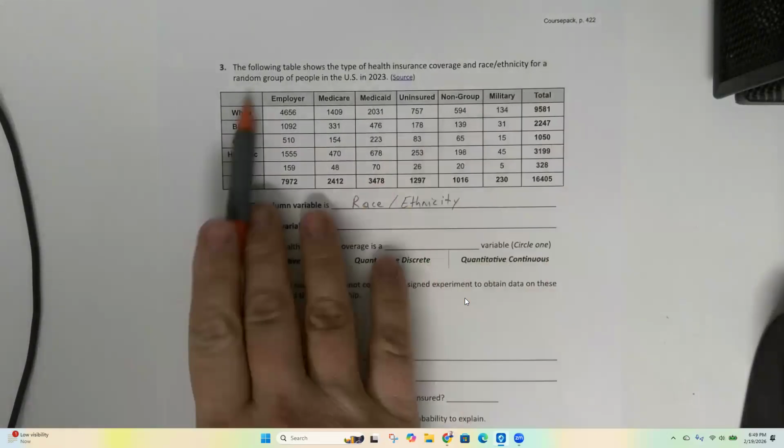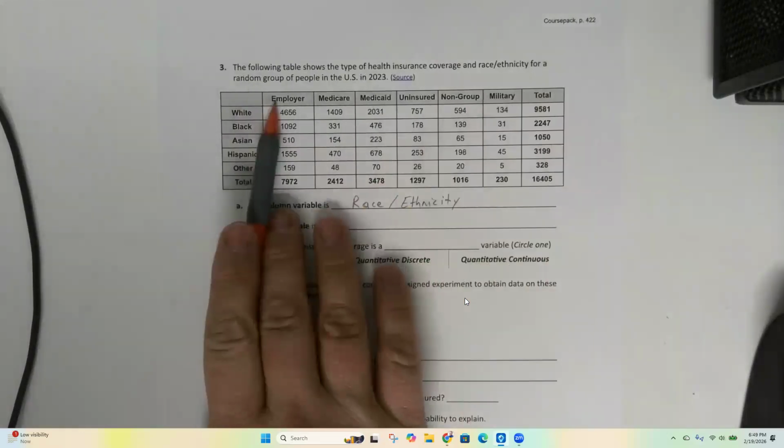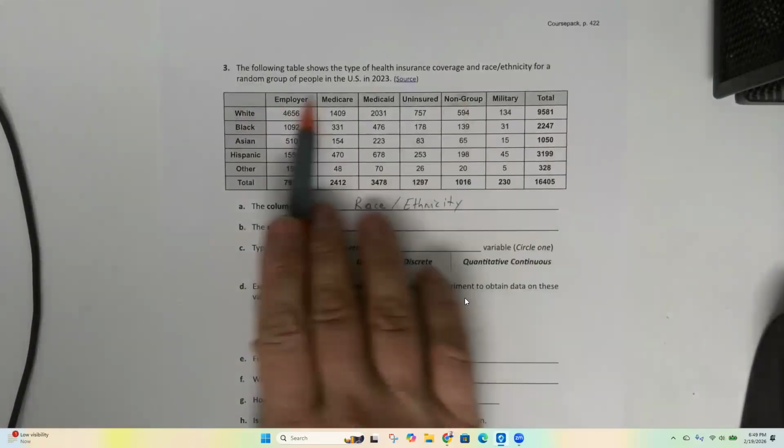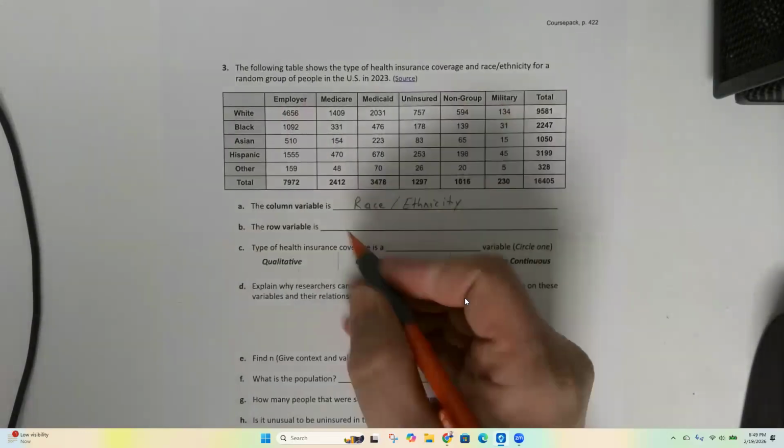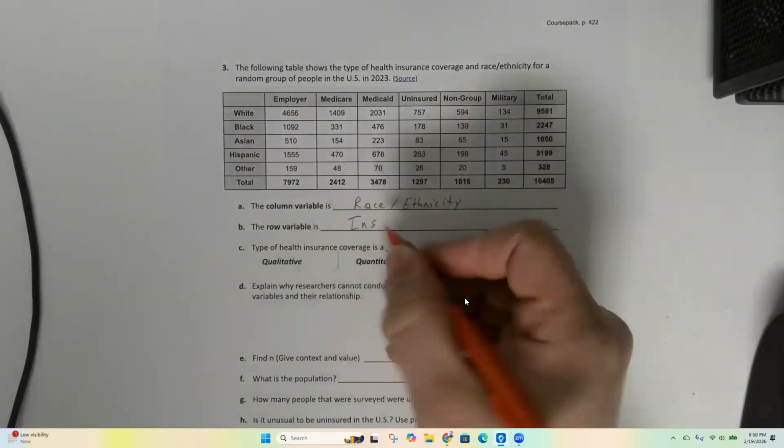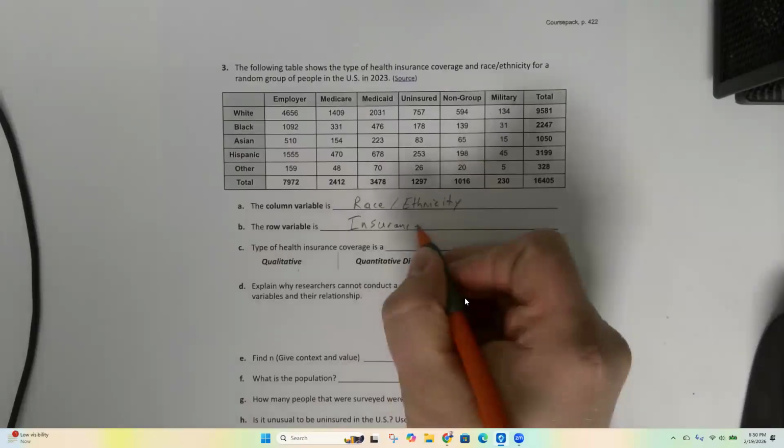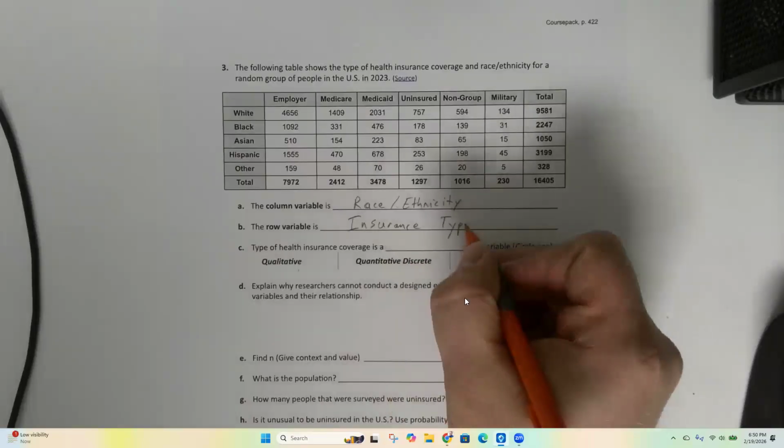So that means each row, so the row variable, we have a row here. This row has all of our headers for insurance. Okay.